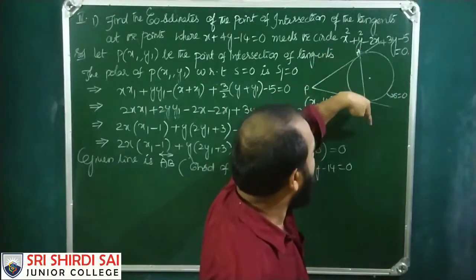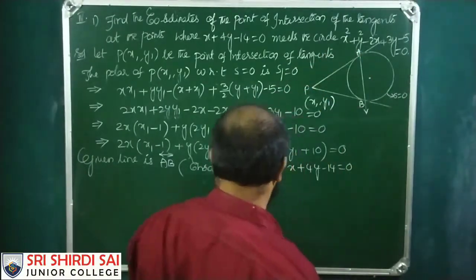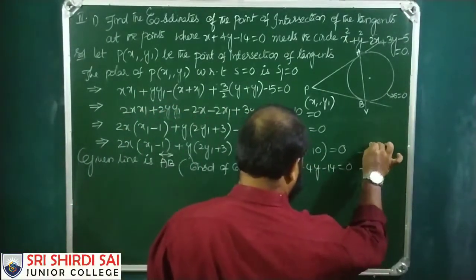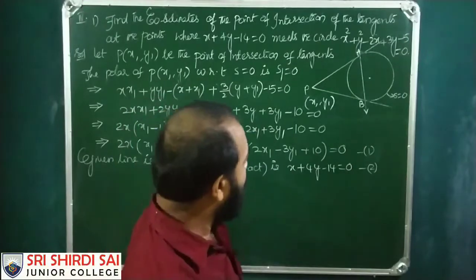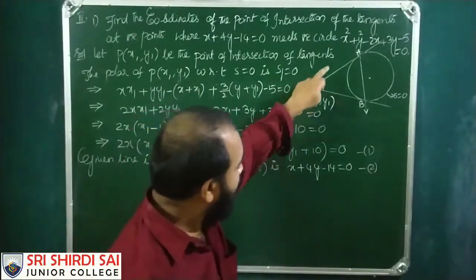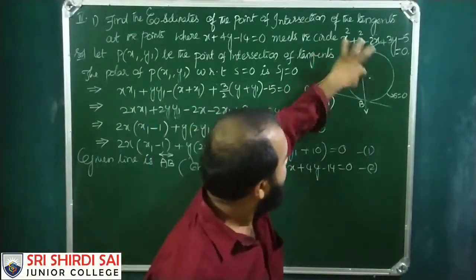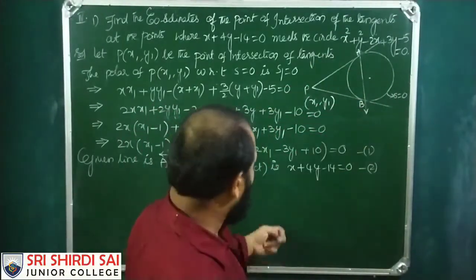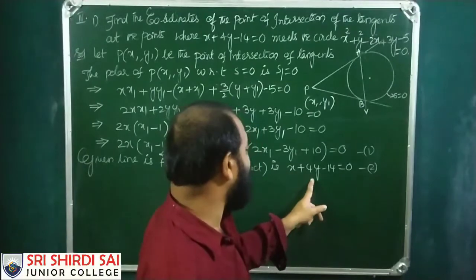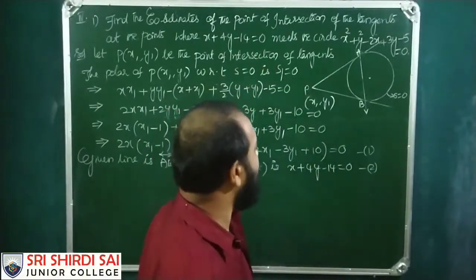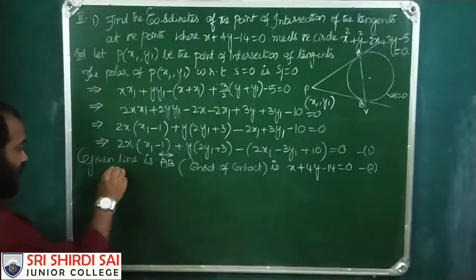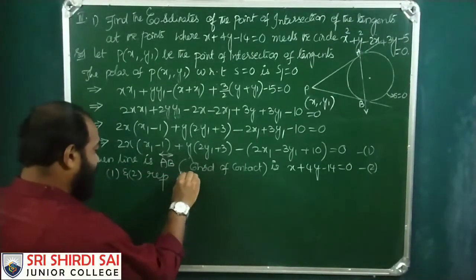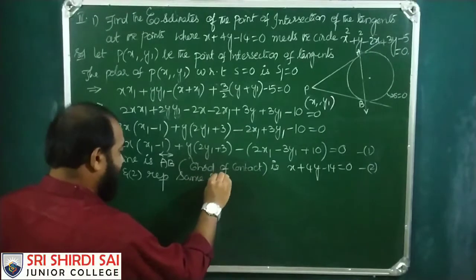So this chord of contact will be equal to the polar. This is the second equation, and that was the first equation. So the polar of P with respect to the circle is this line, and the same line is given to be x + 4y - 14 = 0. So 1 and 2 represent the same straight line.